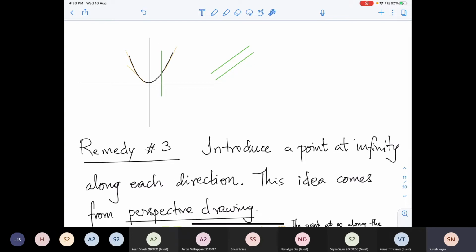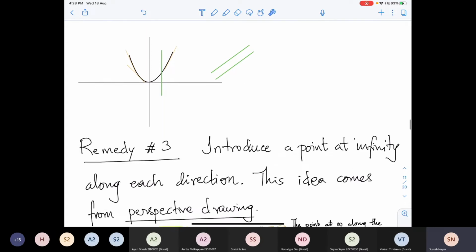And one clue to that other point missing is to start looking at the tangent lines of this parabola here. And you will see that the tangent lines of this parabola, as you go up this parabola, they are becoming more and more vertical. Their slopes are increasing. If you have done some calculus, you can differentiate x squared. This is the graph of x squared, and the derivative of x squared is 2x.